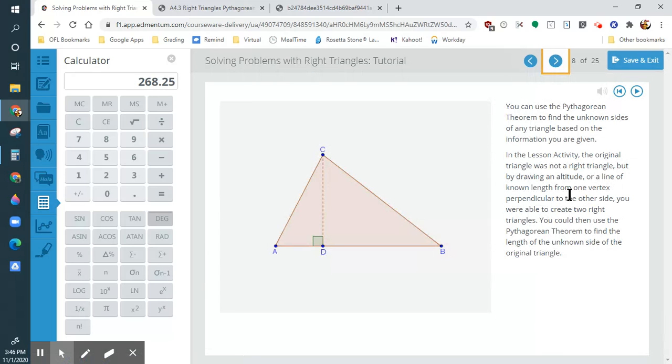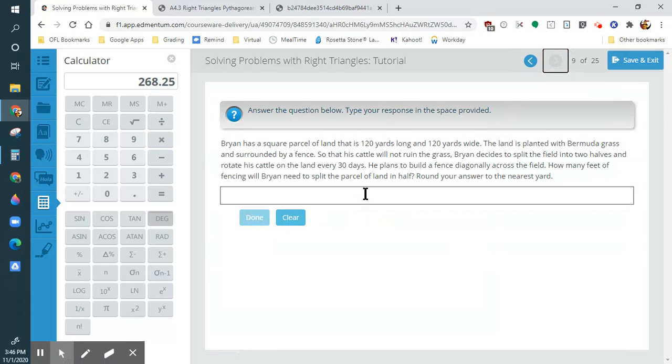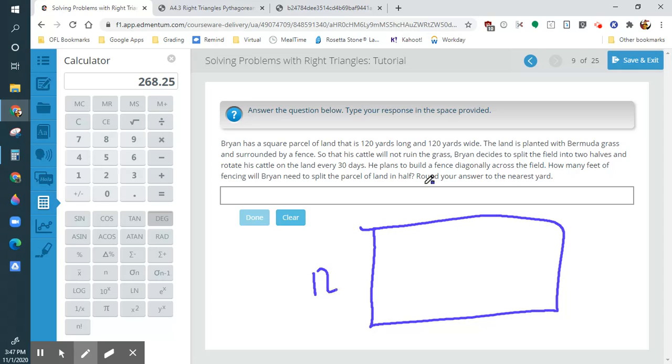All right, so moving on to this. You can use the Pythagorean theorem to find unknown sides of a triangle. We already know this. So here's what we're doing now. We're doing an example here. All right, so has a parcel of land that is 120 by 120.